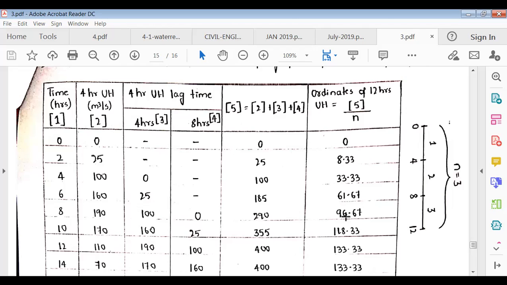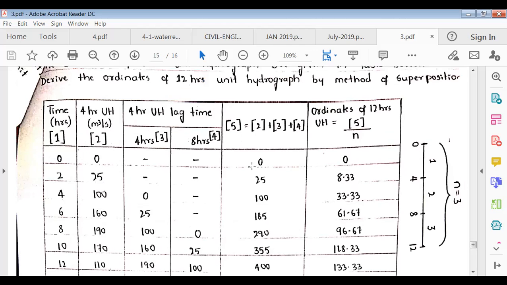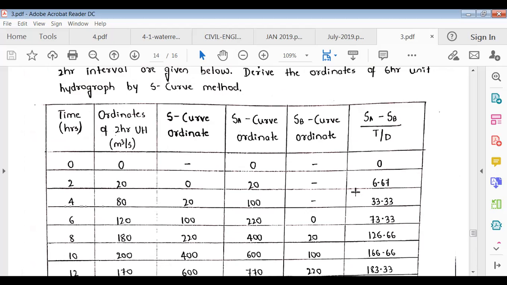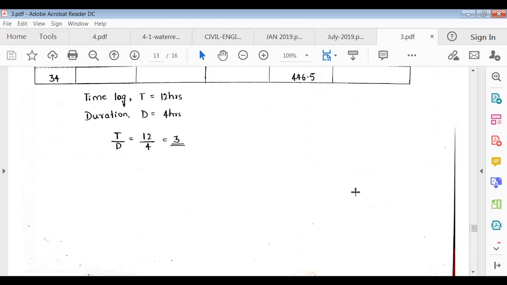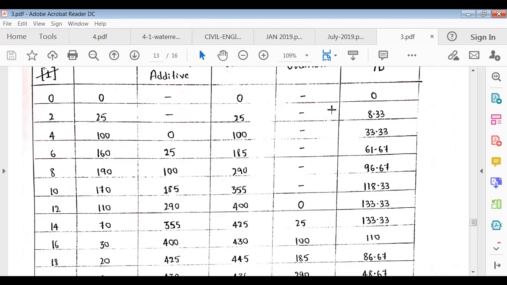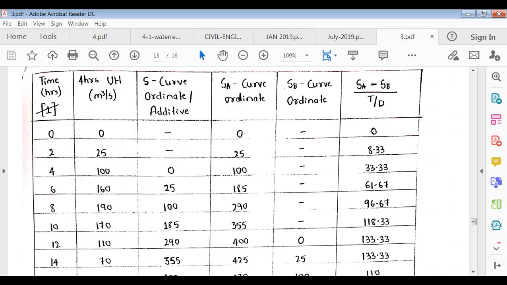So this method is called the method of superposition. The same problem we have solved by the S curve method, so we can always cross check the values here. You can see here in the S curve method we have 0, 25, 100, the same set of values, but the method is different.